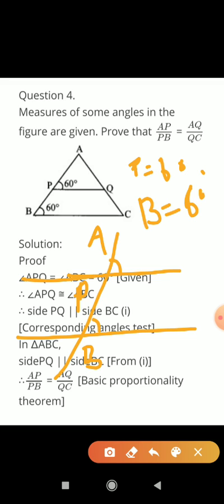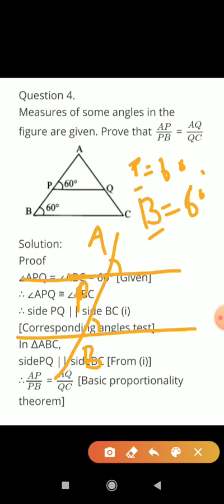Such angles are corresponding angles, and the theorem is that when corresponding angles are congruent, then the two lines are parallel lines. Here angles P and B are corresponding angles and both are 60 degrees, therefore they are congruent.